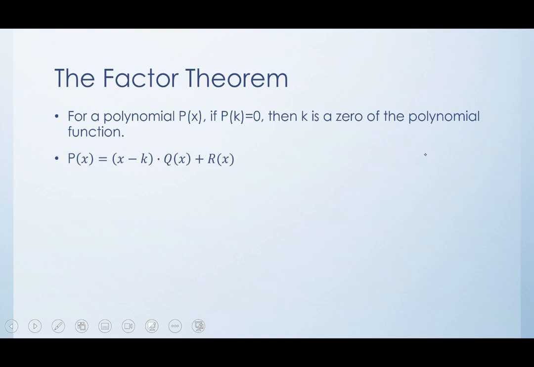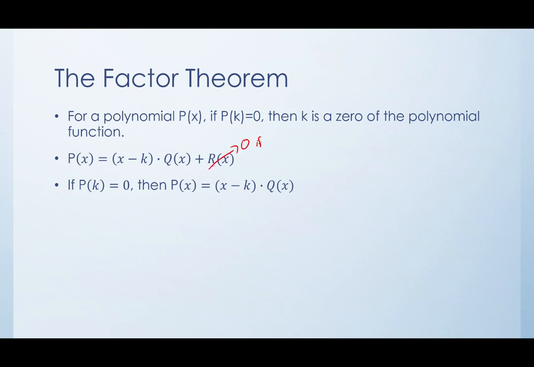What we're saying here, with what we learned previously, is that p of x is x minus k times q of x plus r of x, but if we get p of k equal to 0, then that remainder goes to 0, if k is a 0 of the polynomial. So we know x minus k is a factor.